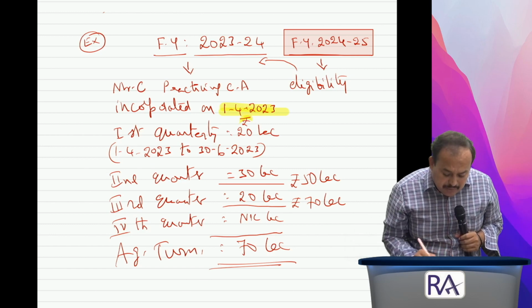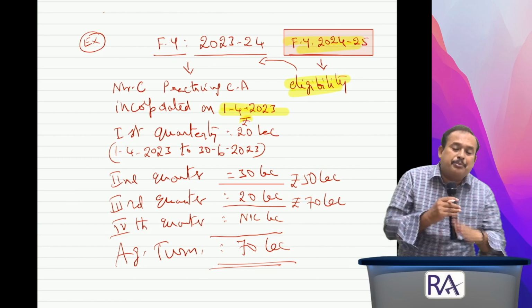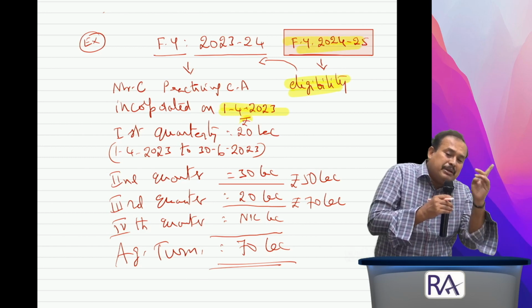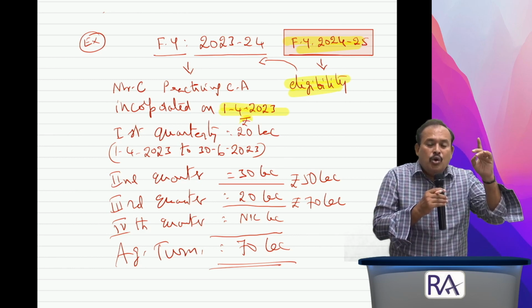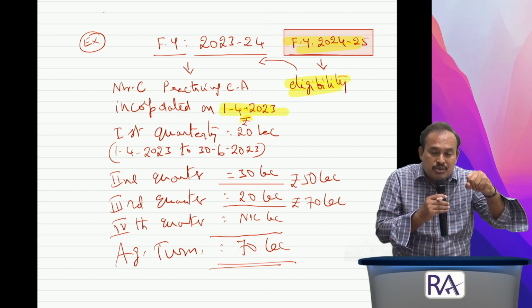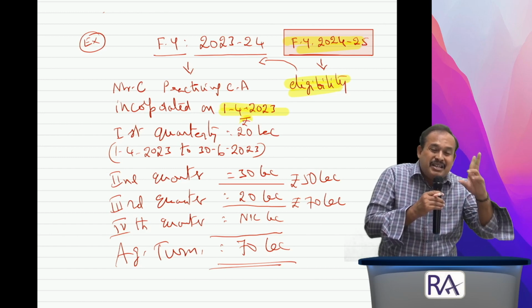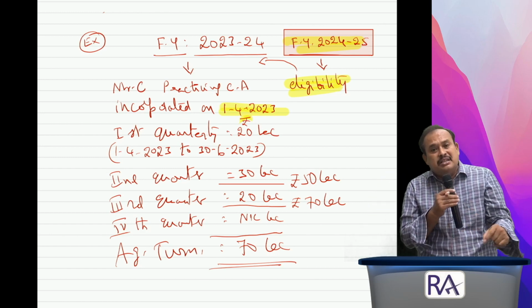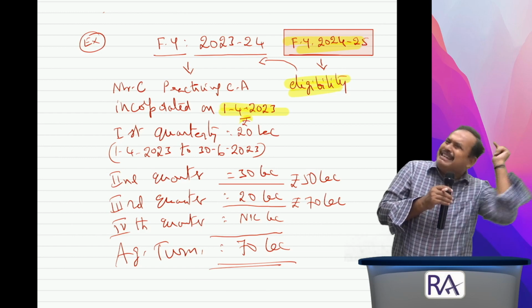For eligibility of the composition scheme in the current year, always refer to the previous year. When I refer to the previous year, 23-24, what is aggregate turnover? What does it include, what does it exclude? Law says, from the 1st of April till the date of becoming liable for registration, any turnover should be clubbed together and seen.